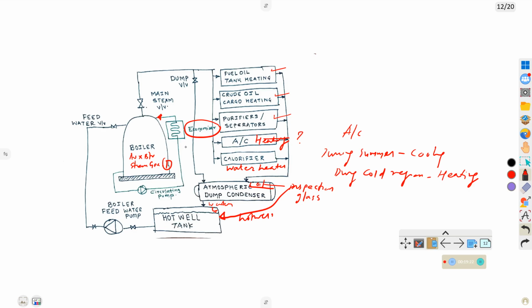How is this economizer heated? Economizer is heated because of the exhaust gas of the main engine. So how many steam generators are there? One is the boiler, second is the economizer.